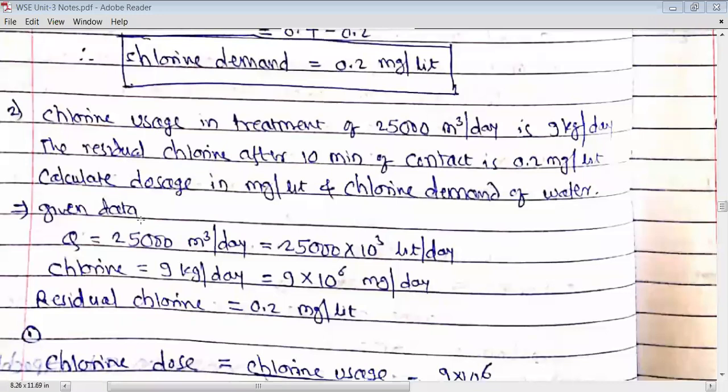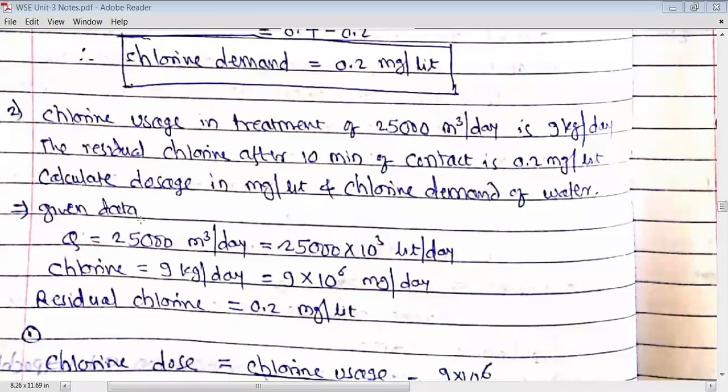The residual chlorine after 10 minutes of contact is 0.2 mg per liter.